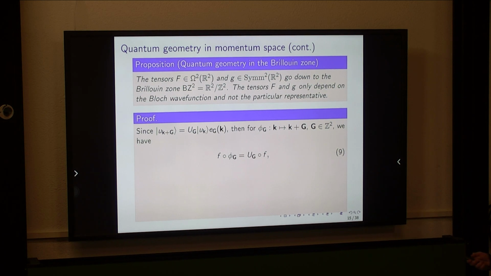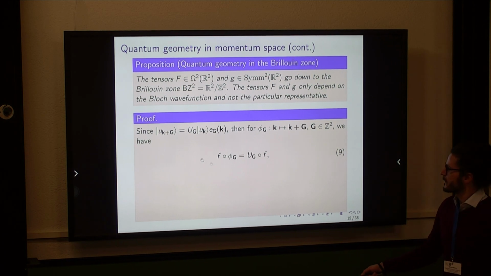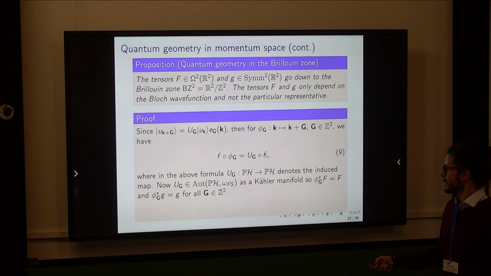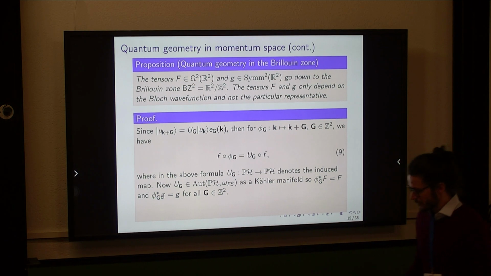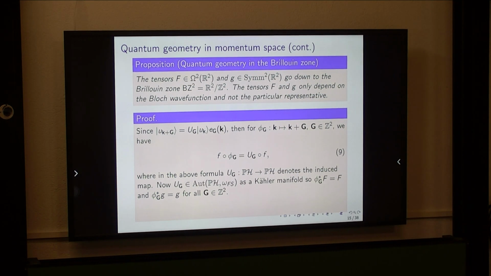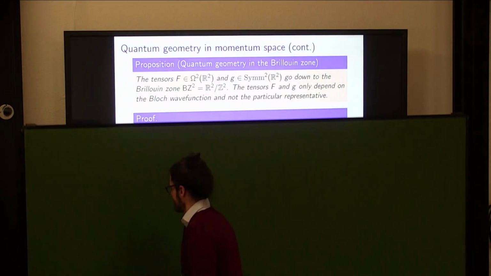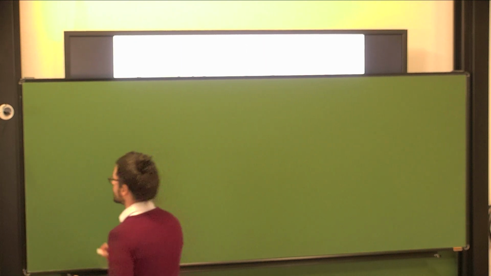Then we have that the composition of the map with phi G is given by the induced map coming from the unitary, which depends only on G and does not depend on k. Yes. And the thing is that Fubini-Study, since there are many boards, I might as well take advantage of that.